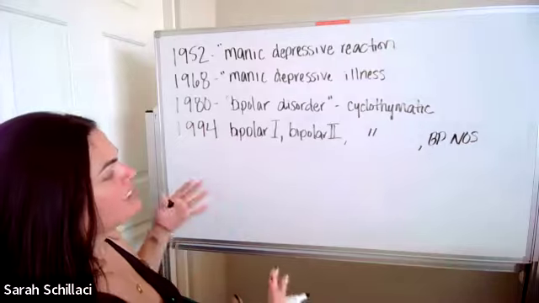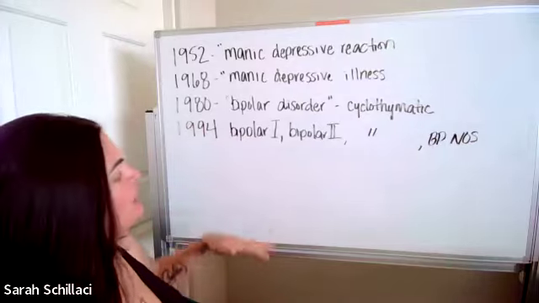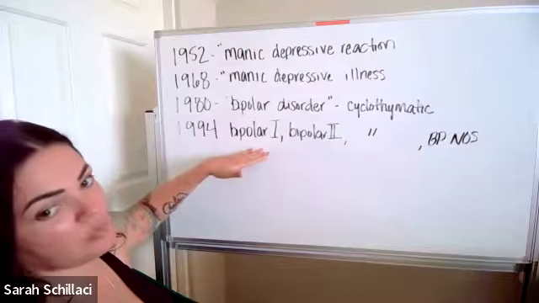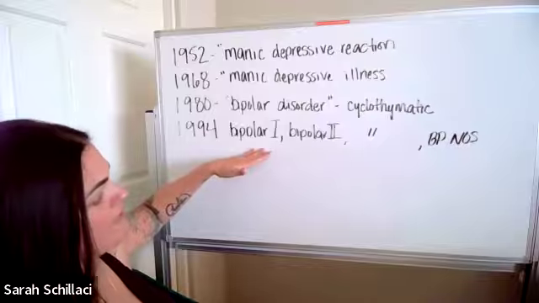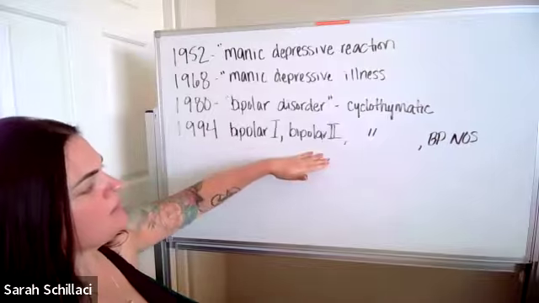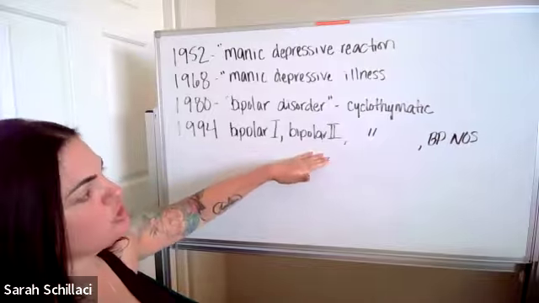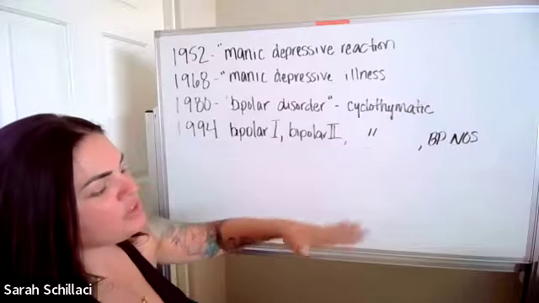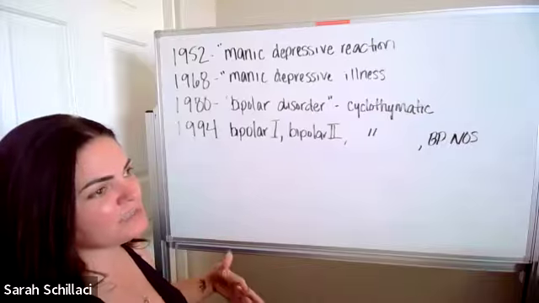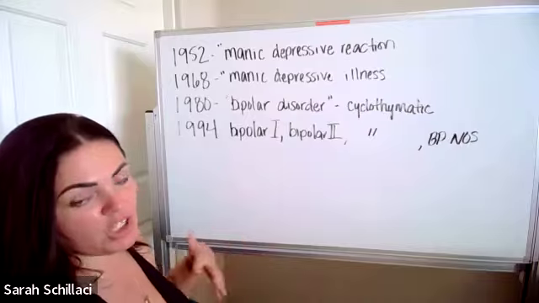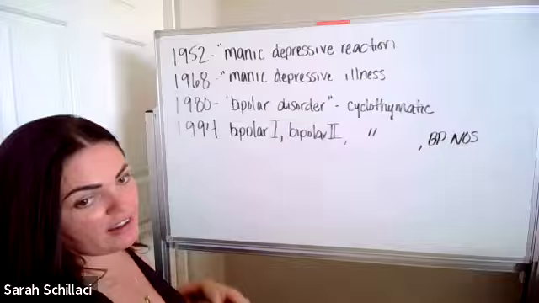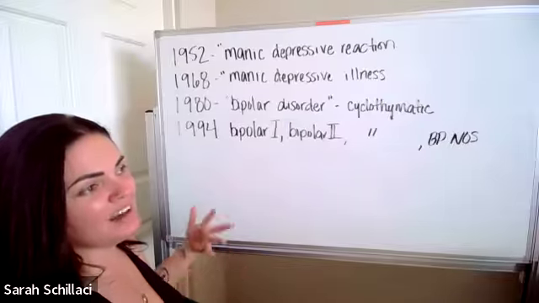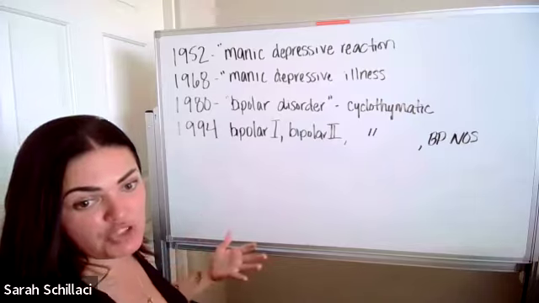So there were these clients, or patients, coming in who didn't meet the criteria of bipolar 1. It wasn't severe enough, but it also wasn't meeting the criteria of bipolar 2. And it also wasn't meeting the criteria of cyclothymic disorder, but there was enough similarity between what they were experiencing and what we typically see in bipolar that they had to find a way to include those people in that spectrum so that they could be treated.